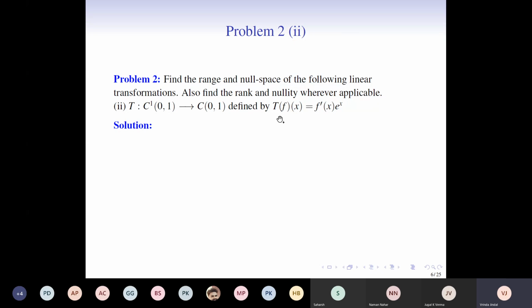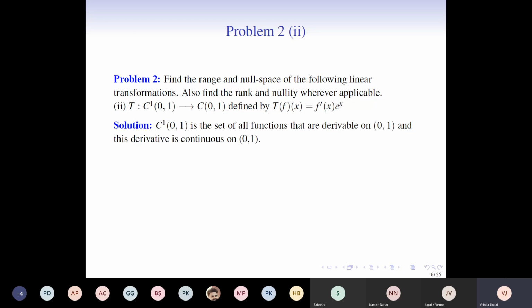And the linear map T is defined as you can see on the screen. It takes in a function f and transforms it to f dash x into e raised to power x.